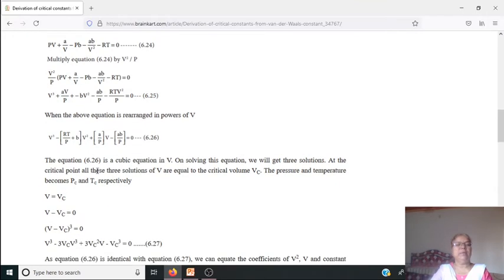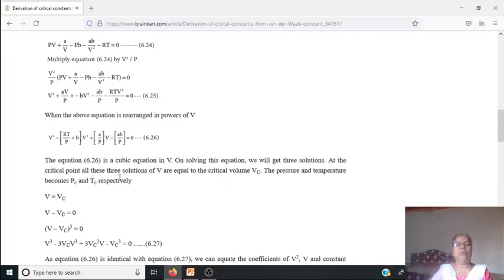This equation 6.26 is a cubic equation in V. On solving this equation, we will get three solutions at the critical point. All these three solutions of V are equal to the critical volume Vc. The pressure and temperature become Pc and Tc respectively.